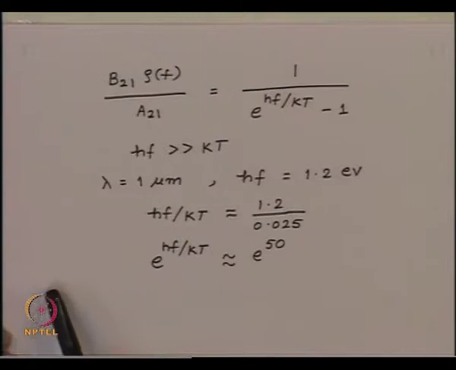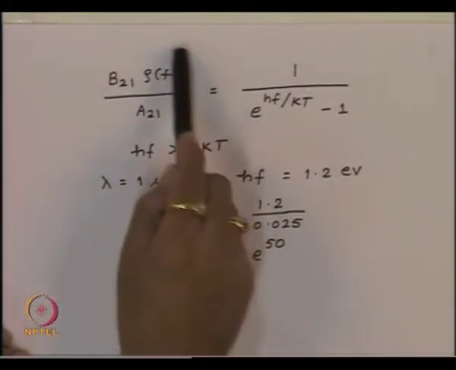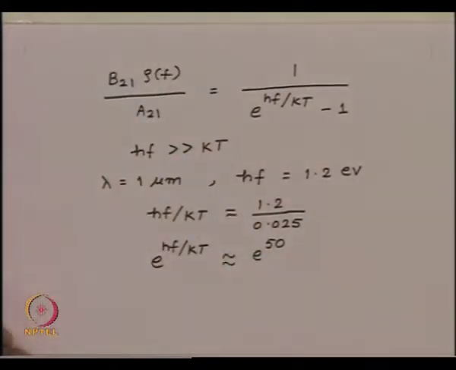And that is the reason, although all the three processes are internally taking place inside the material, the net effect, what we see from the black body radiation, is an incoherent radiation, because for the typical energies which we are talking about, this quantity here, e to the power hf upon kT, is very large, and because of that, this ratio stimulated to spontaneous will be negligibly small.